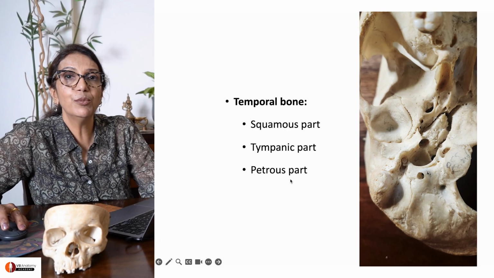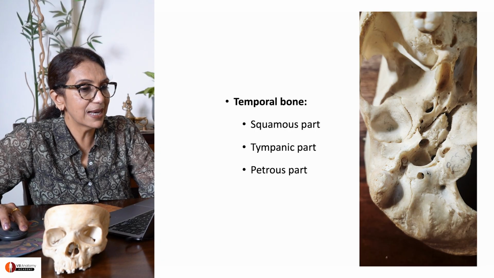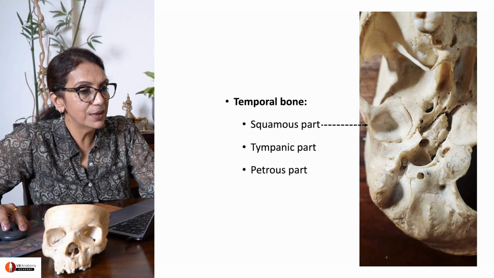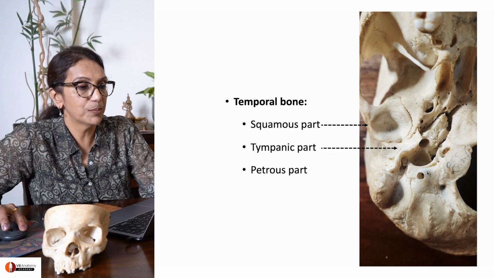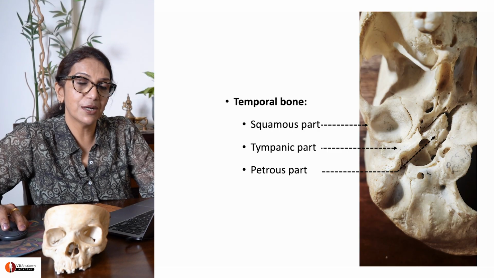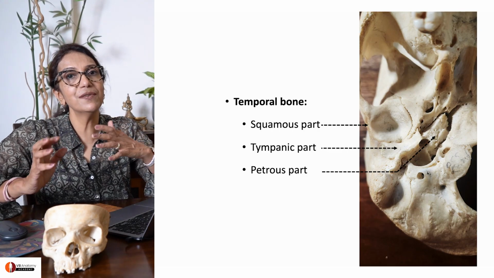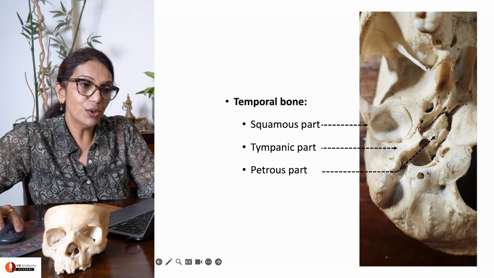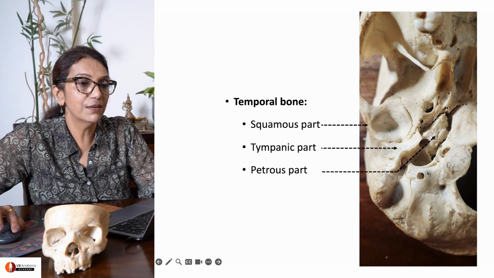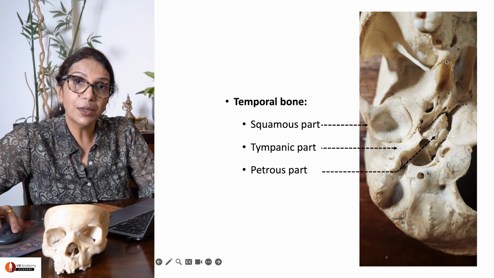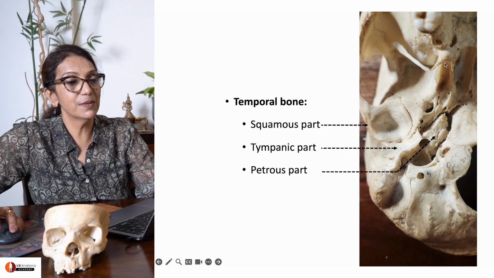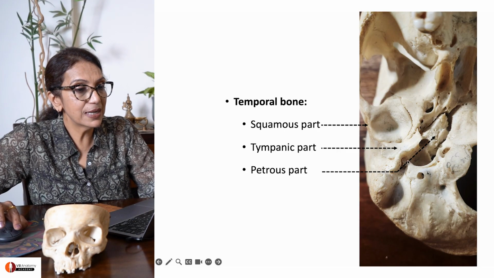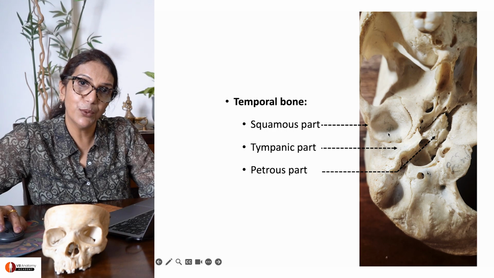In the temporal bone itself, I want you to understand which is the squamous part of temporal, which is the tympanic part of temporal, and which is the petrous part of temporal. These are parts of temporal bone. So what are the three areas we want to see? We want to see the greater wing of sphenoid. We want to see the pterygoid plates, which are also part of the sphenoid bone. And we want to study the three parts of temporal bone.